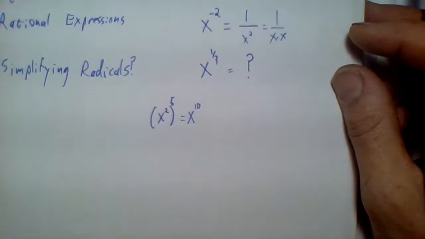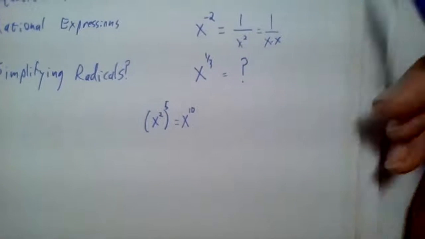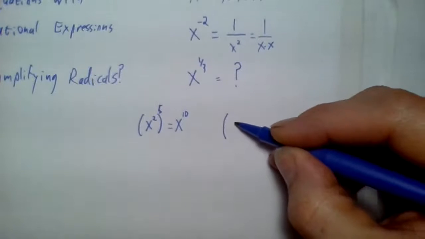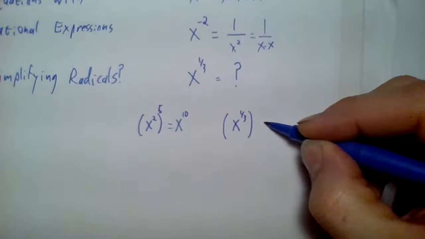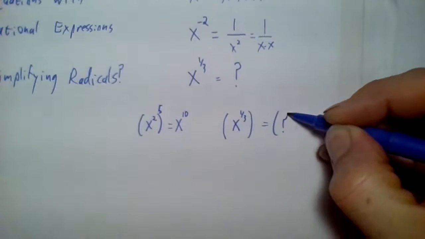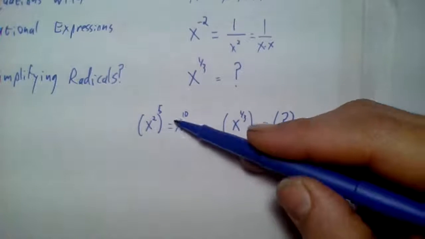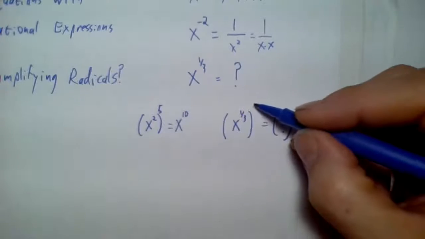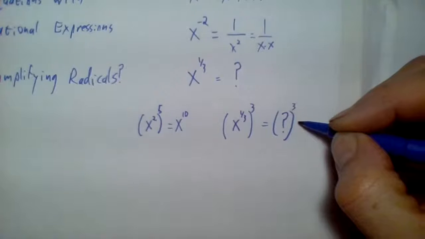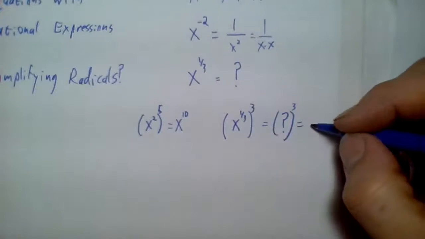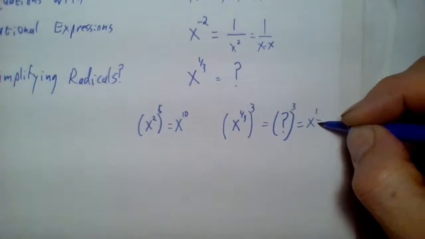So if that rule is still going to be true for this new kind of thing, then not knowing what x to the 1/3 is, I'm still kind of puzzled about that, but my property about multiplying exponents says that if I raise it to the third, then I should get x to the 1, which is just x.